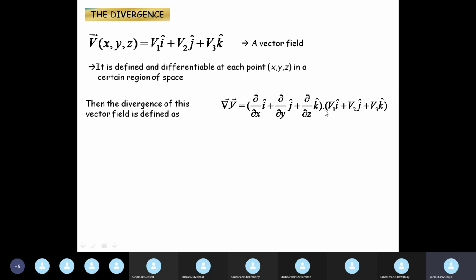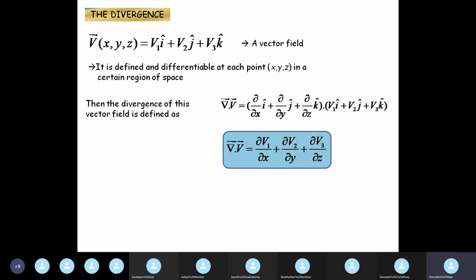In this case we are taking the dot product of the operator with the vector, so evidently the result is: divergence of the vector v is given by del v1 del x plus del v2 del y plus del v3 del z. So we started with a vector field, operated the grad operator on it, and the result is a scalar.